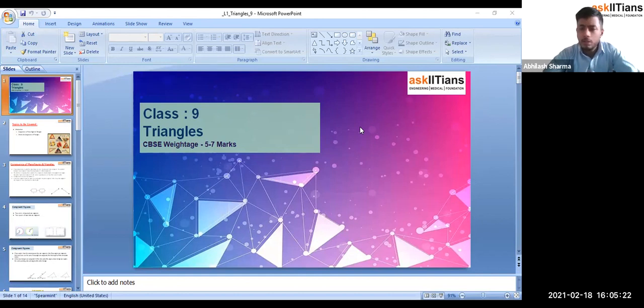Now, in this chapter, we'll mainly be looking at the congruence of triangles and inequalities related to triangles, right? In CBSE board exams, the weightage of this chapter is around 5 to 7 marks, right? And of course, this is one of those fundamental topics that was discovered long ago as far as congruence is concerned.